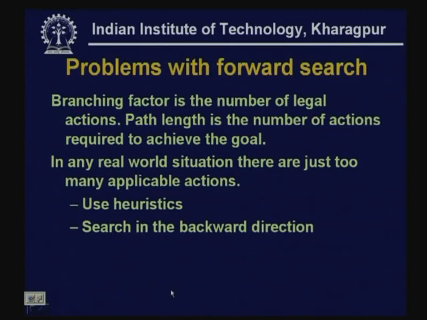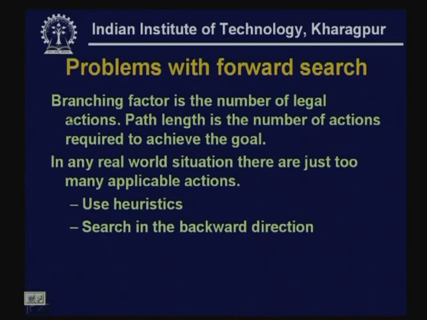Now, forward search. The main problem with forward search is that in certain domains the number of possible actions that you can execute can be very high, and many of these actions may have no bearing on achieving the current goal. So, in such systems, forward search is not an effective mechanism.